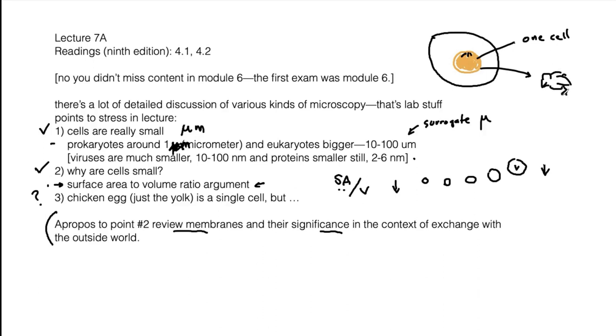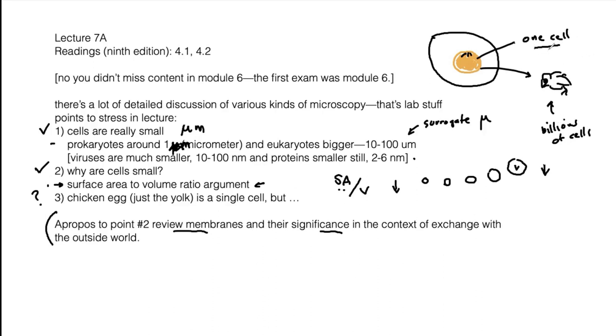As the chicken grows into this baby chick that eventually pops out of the egg, by the time it gets to this stage, it is billions of cells. Tens of billions of cells, right? We're basically making billions of tiny cells starting from one cell.